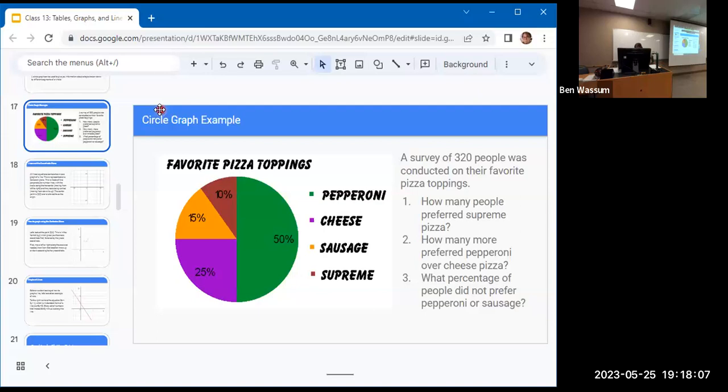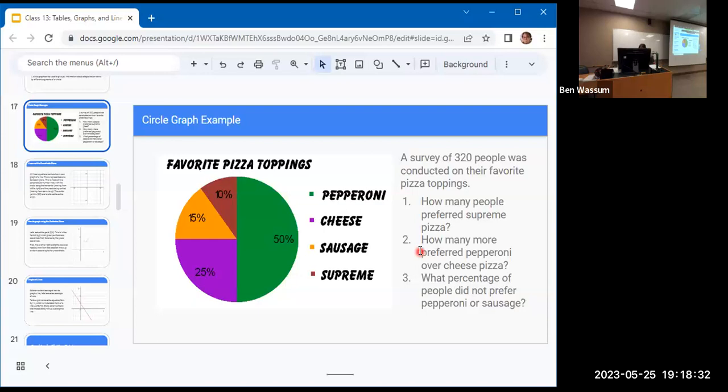How many people preferred supreme pizza? So you would look at the supreme, which is the red color, and say, okay, it's 10%. Well, if we want how many people that is, we need 10% of 320. So you would do 0.10 multiplied by 320, and you would get a total of 32 for this answer, right?